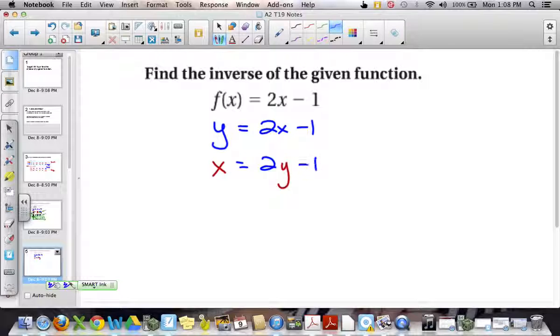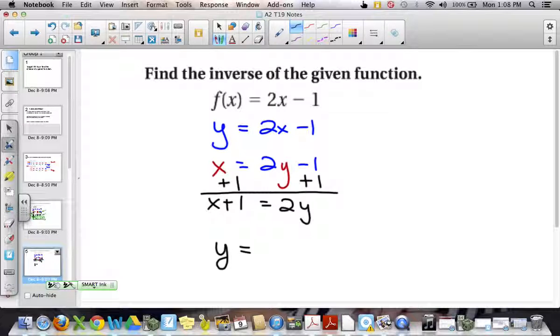2y minus 1. And then we undo the operations that are being done to the y to solve for it, because we, again, want it back down to a y equals equation. So we're going to add 1 to both sides. We get x plus 1 equals 2y. And then divide by 2 on both sides.